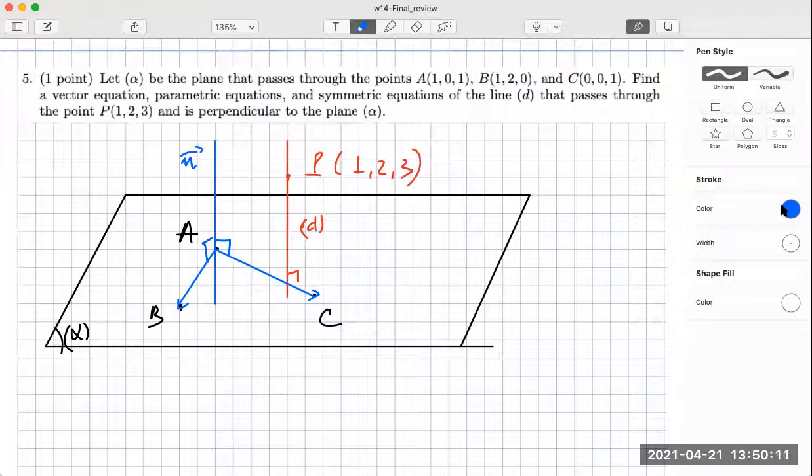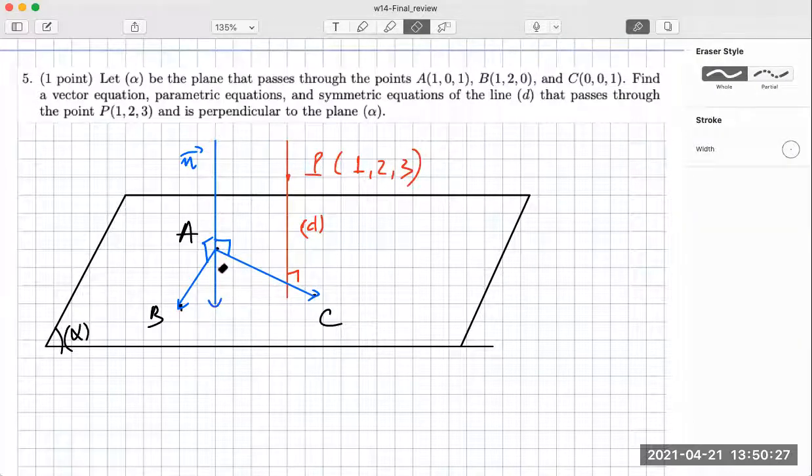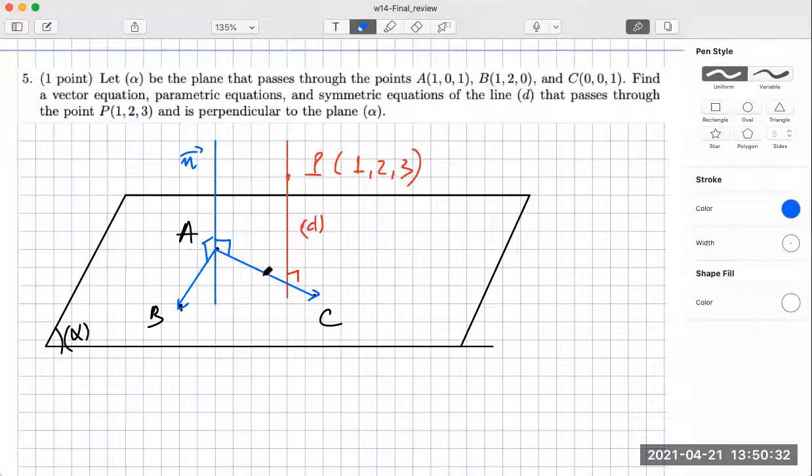Or you can pick any other pair, for example, BA and BC. The cross product of them will give us the normal vector, right? It may be pointing up or pointing down depending on the position. But here, if A, B, and C are like this, it should follow the right-hand rule, right?